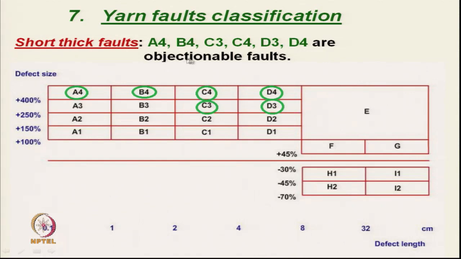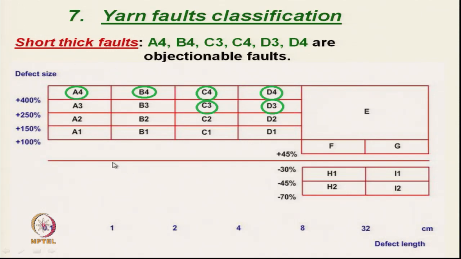So, A4, B4, C3, C4, D3, D4 are objectionable faults. If we want stricter norms and better quality yarn, these faults can be removed in the winding process.